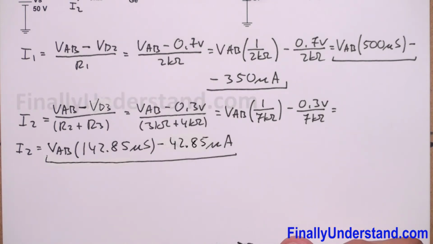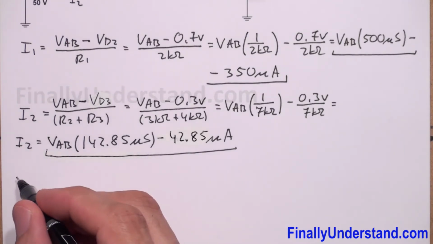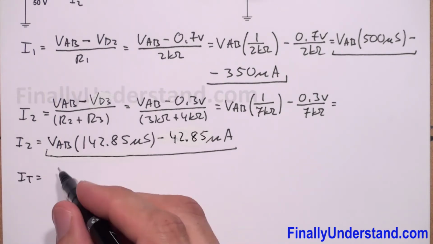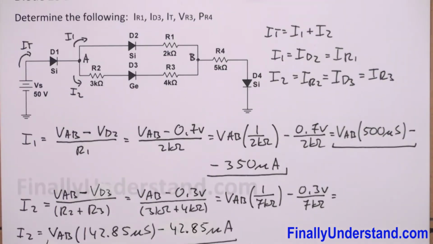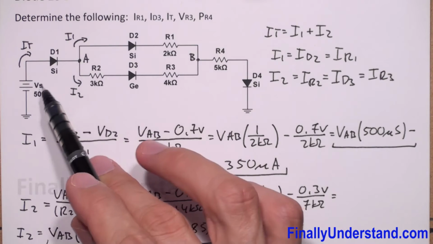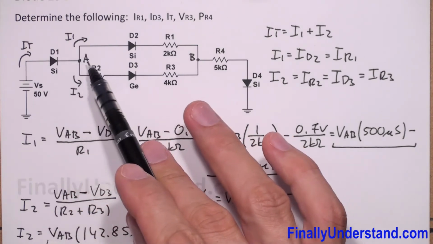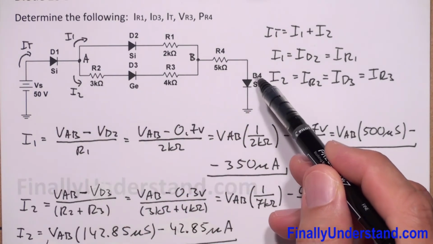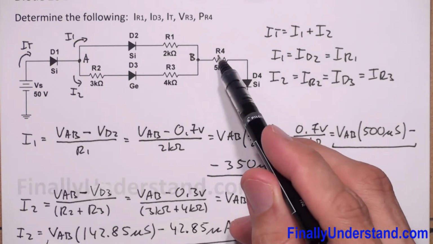Next, I'm supposed to write the formula for I total. I total is equal to the voltage source minus, let me show it for you, the voltage drop across the diode D1, minus the voltage VAB, minus the voltage across the diode D4, divided by resistance R4.